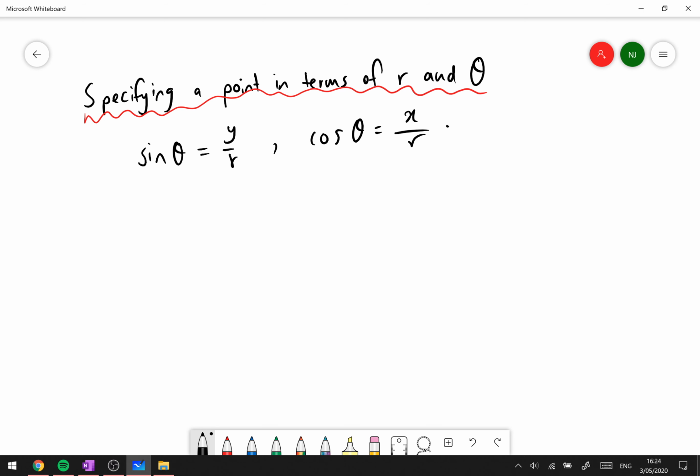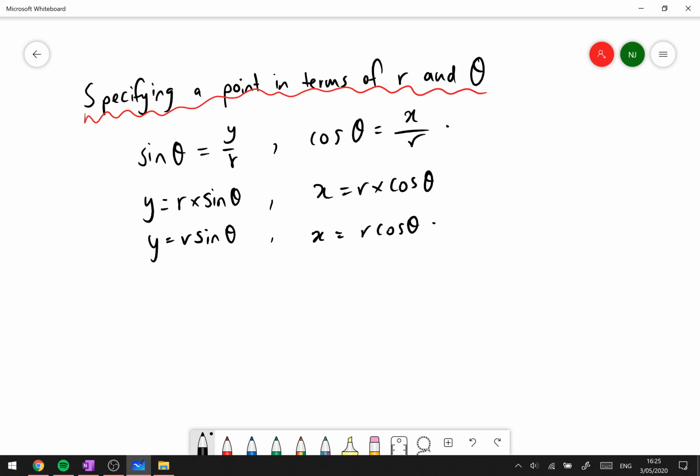To do so, we can rearrange the subject of both of these equations for x and y by just multiplying both across by r. So it turns out the y-ordinate is just equal to r times sine theta, or r sine theta, and x is equal to r times cos theta, or just x is equal to r cos theta.